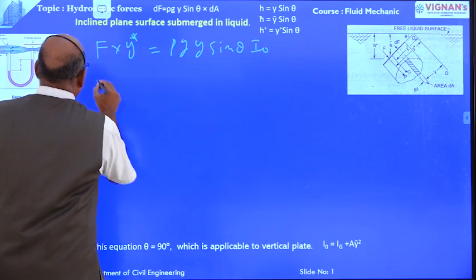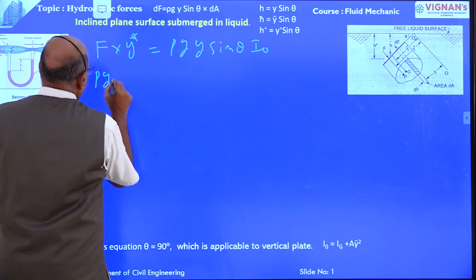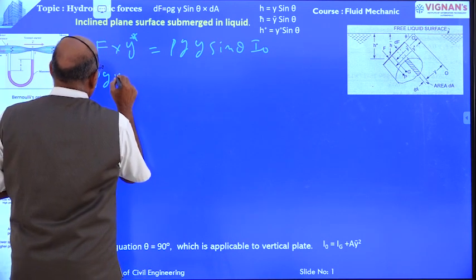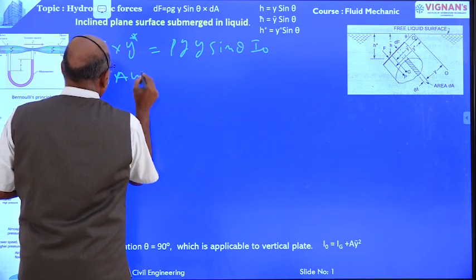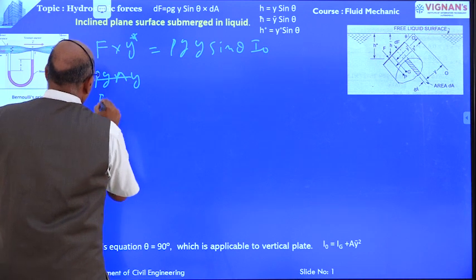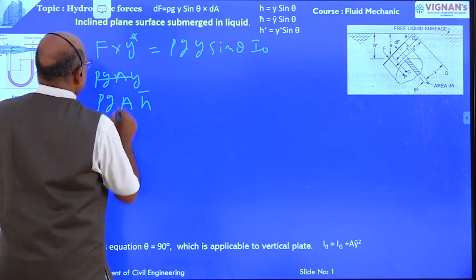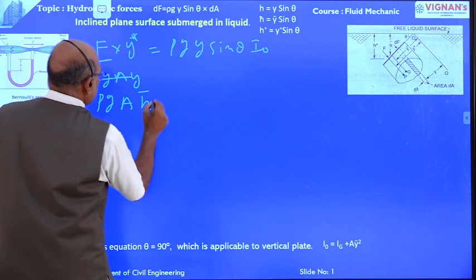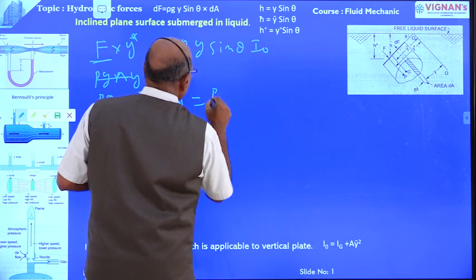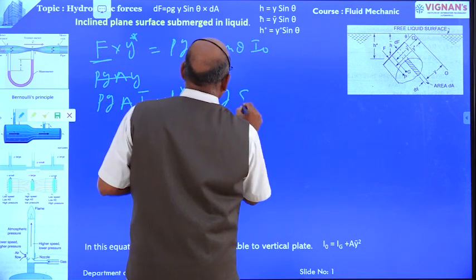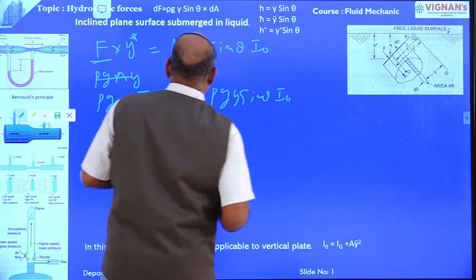Force is equal to rho g a h bar, so the total resultant force into y star equals rho g sine theta into I0.